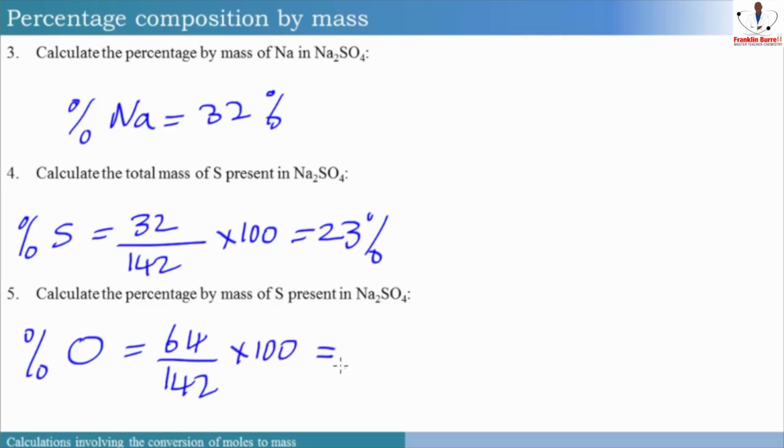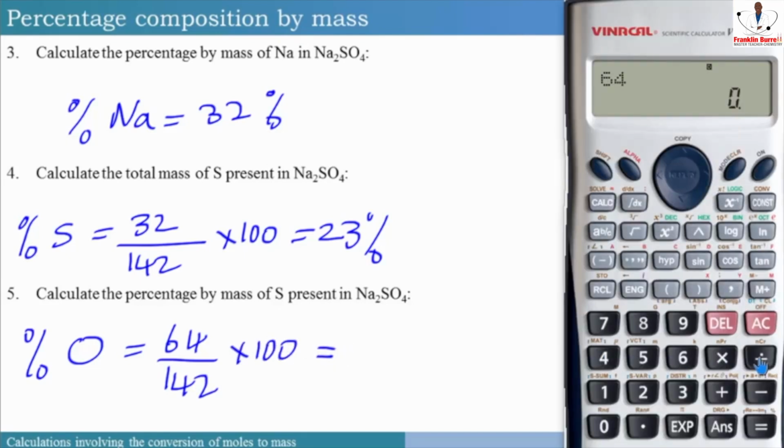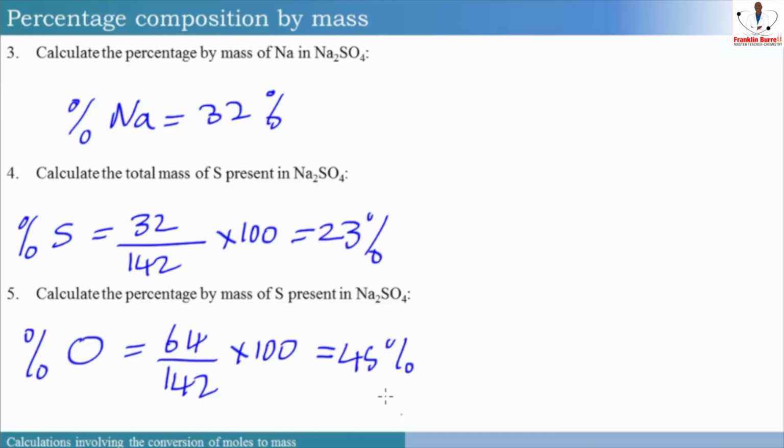That will be equal to 64 divided by 142 times 100, which is equal to 45%. Again, because it is percentage, they should all add up to 100.